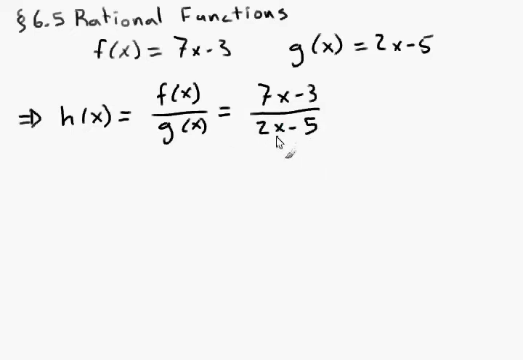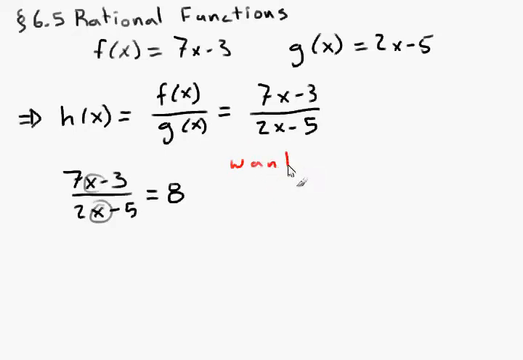And then we can do some solving. So let's suppose that we want to know when h of x is going to be equal to 8. Currently we've got two instances of x, one here, one here. What do we want?